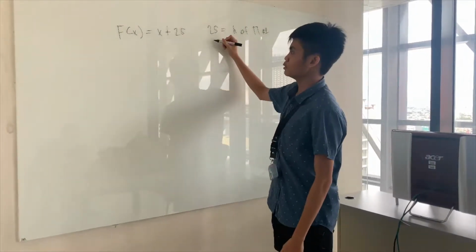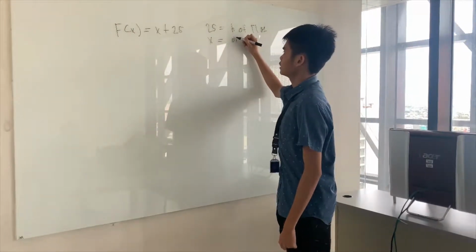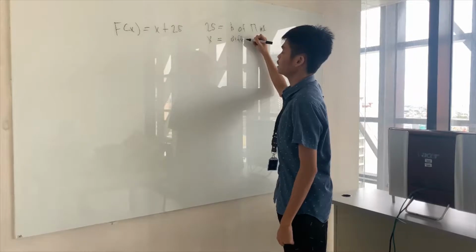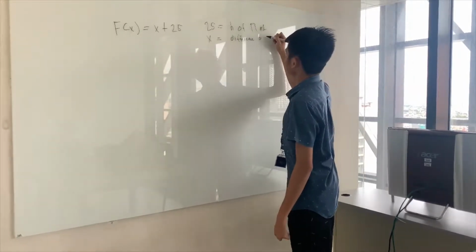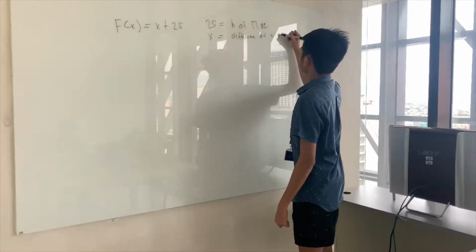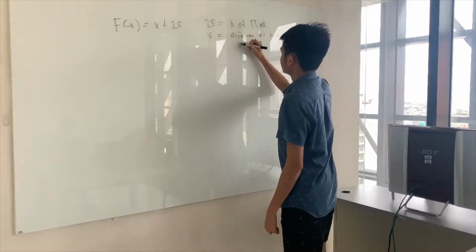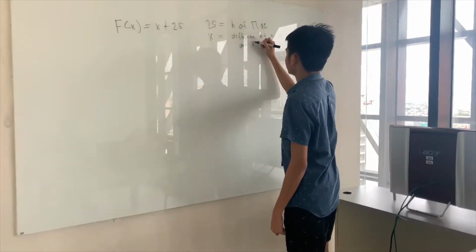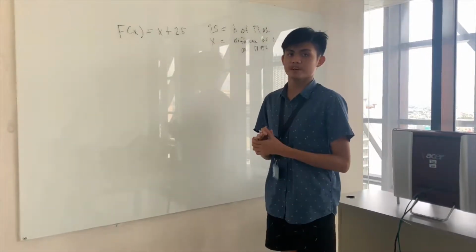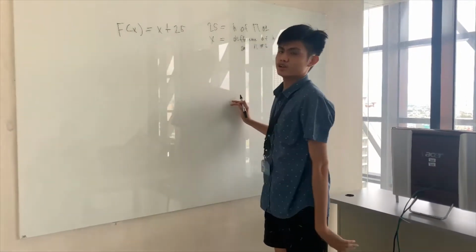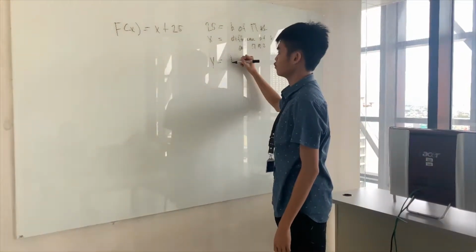The independent variable x would be the difference of the height of building 1 and 2. Finally, the dependent variable would be f of x, or we can change it to y, as the height of building number 3.